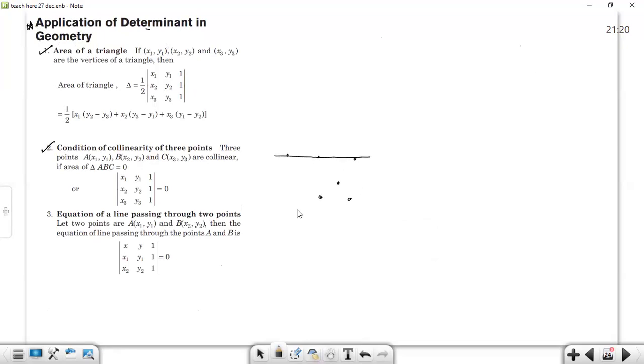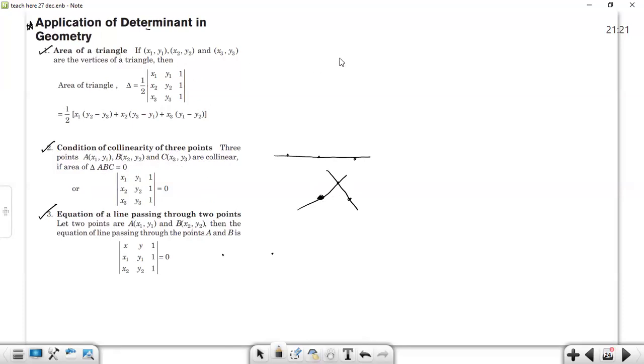If 3 points don't lie on a single straight line, then these points are non-collinear. So we'll be able to tell whether 3 points having coordinates x1, y1, x2, y2, x3, y3 are collinear or not. We'll also be able to find out the equation of a line passing through 2 points. So let's discuss them one by one.